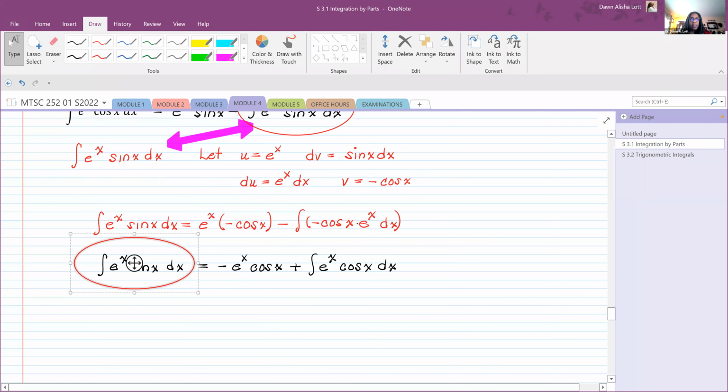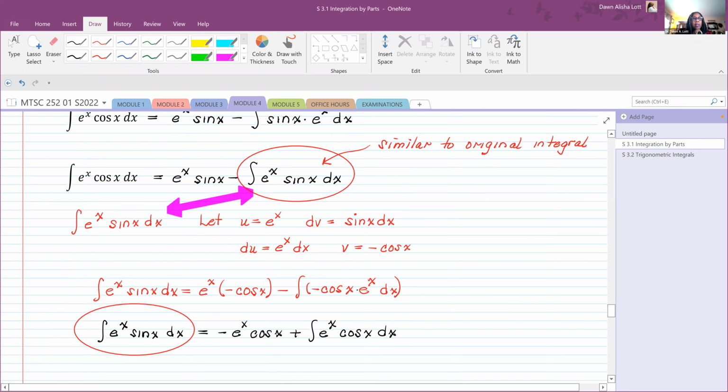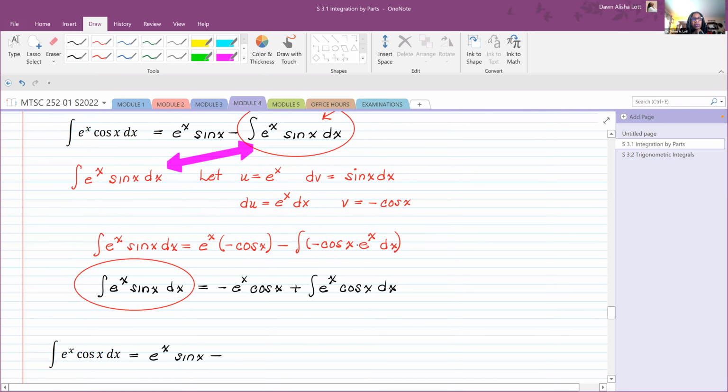So now we have the integral of e to the x cosine x dx, and that is equal to e to the x sine x minus the integral of e to the x sine x.